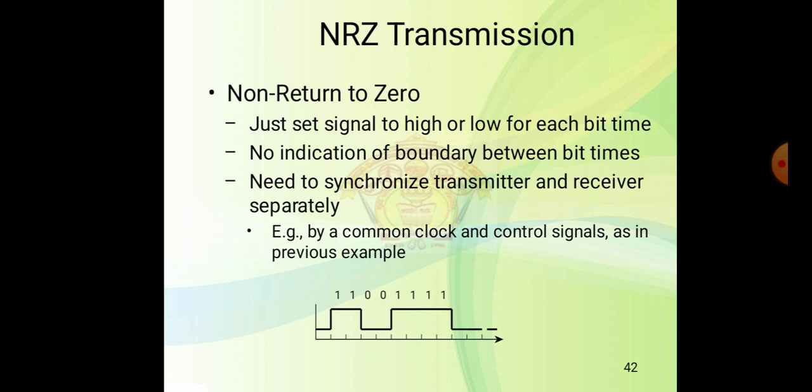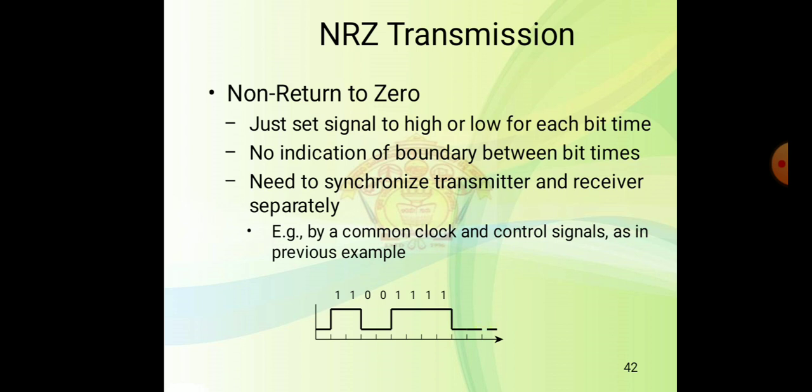We assume in this case that the value on the signal when no bit is being transmitted is 0. Here you can see no data is transmitted and that is equal to 0.